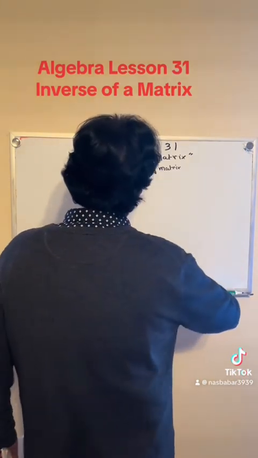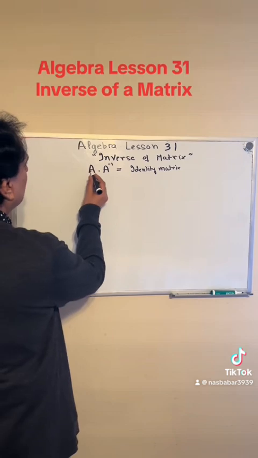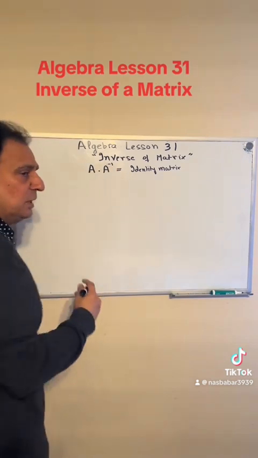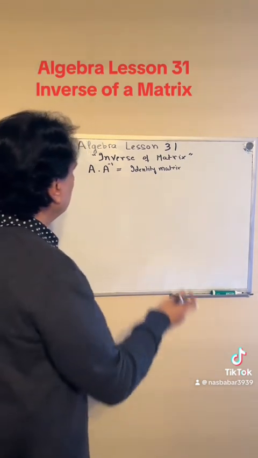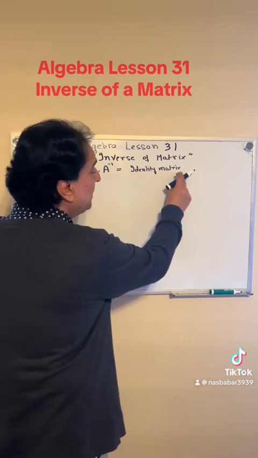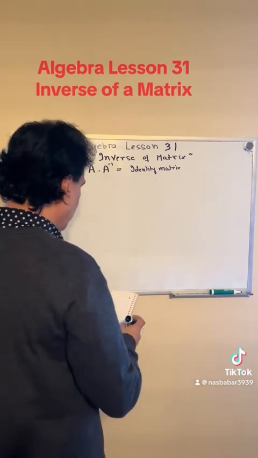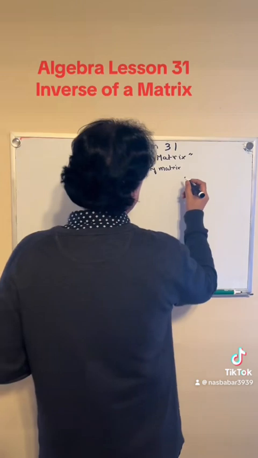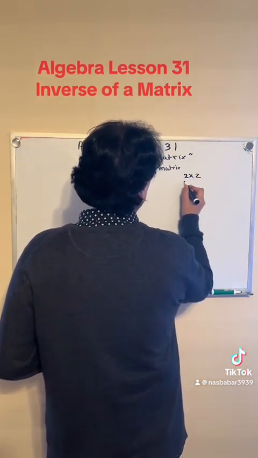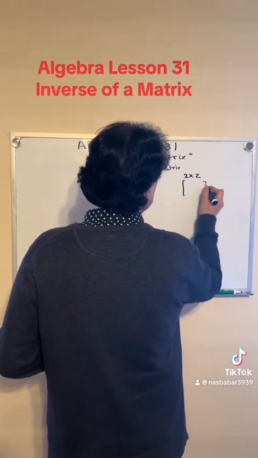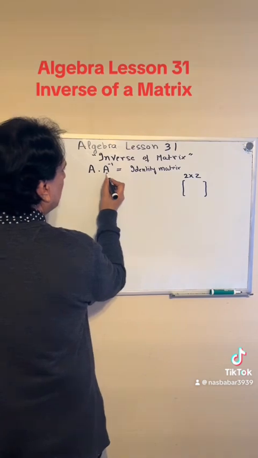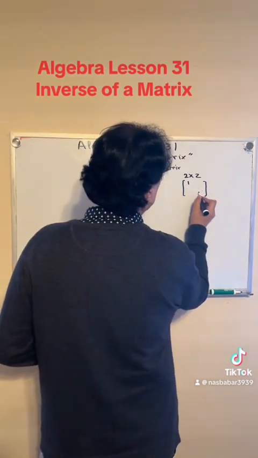So basically, A is a matrix, and A raised to the power minus 1 is the inverse matrix. If you multiply both of them, that becomes the identity matrix. So what is the identity matrix? Let's say you have a 2 by 2 matrix. If you multiply A and A minus 1, the inverse, you will get something like this.